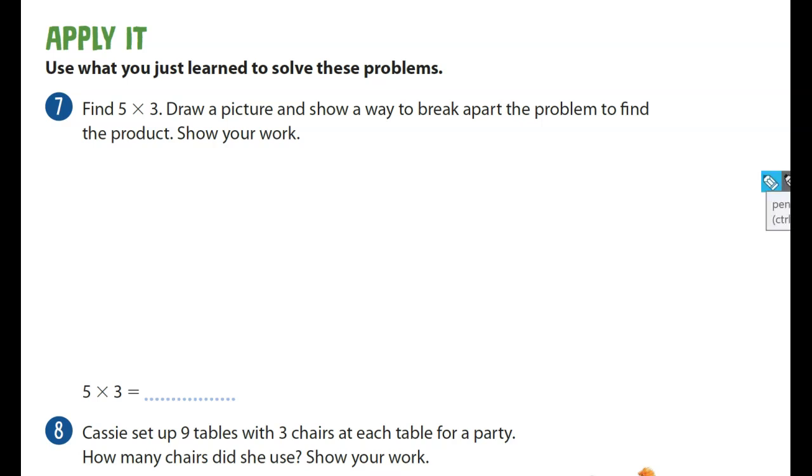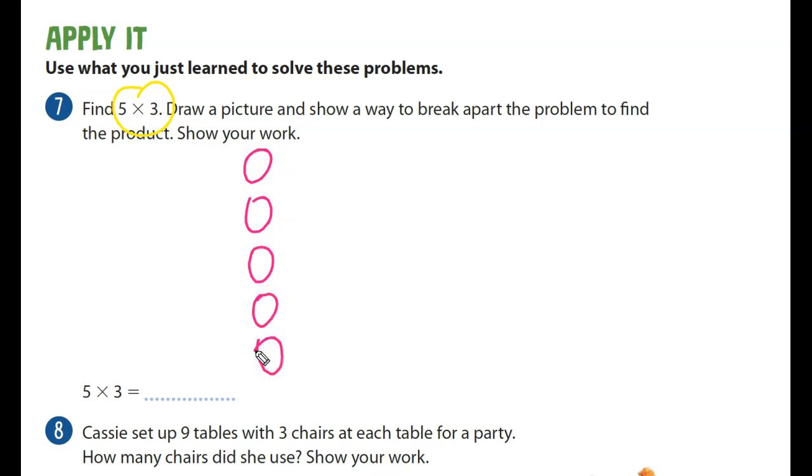Previously, it showed us that we need to do an array, right? When it comes to an array in my multiplication problem, the first number tells me how many rows I need. So how many rows do I need? 5. 1, 2, 3, 4, 5.